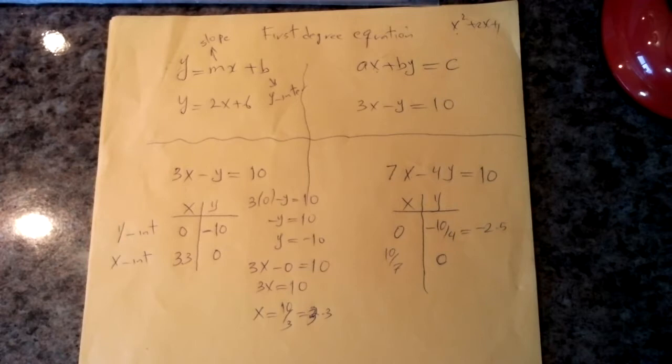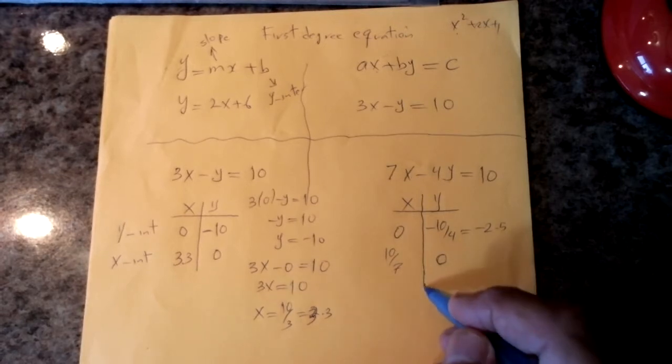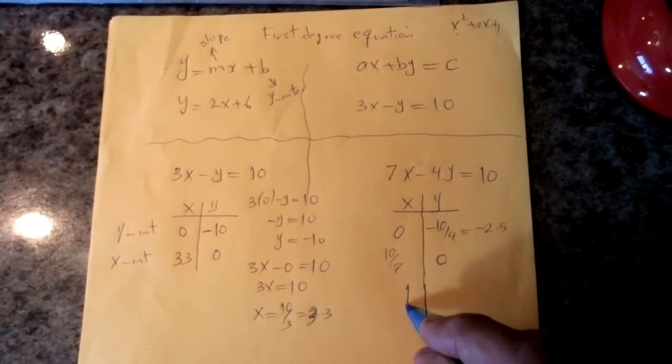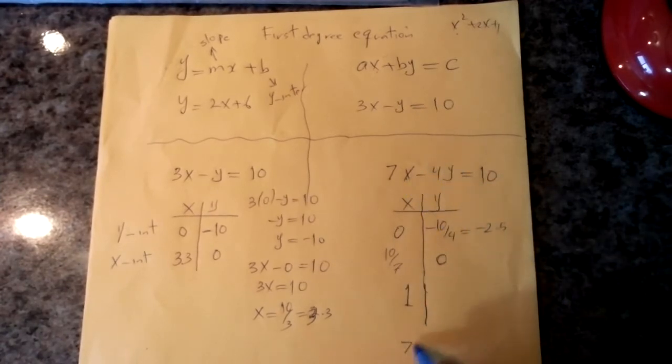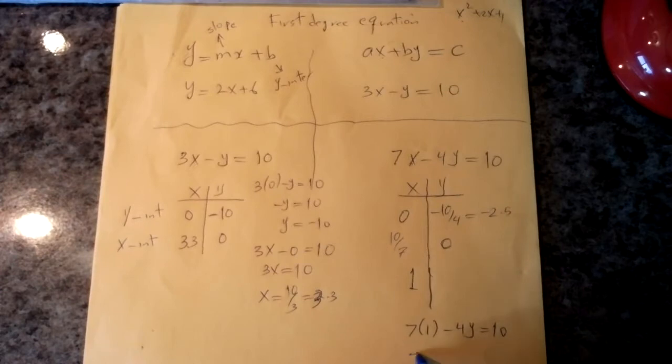You don't have to use the x and y intercepts all the time. Sometimes you could use any other number. Like if I put x equal 1 here, when I substitute 1, then I have 7 times 1 minus 4y equal to 10, or 7 minus 4y is 10.